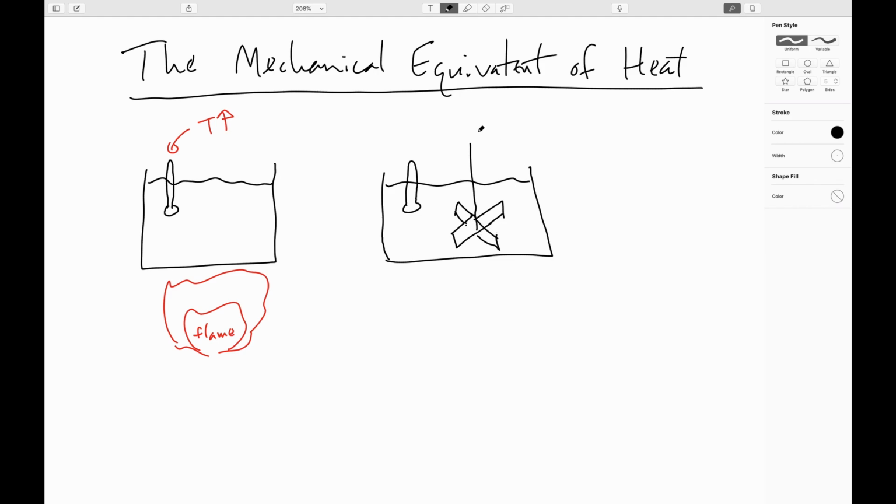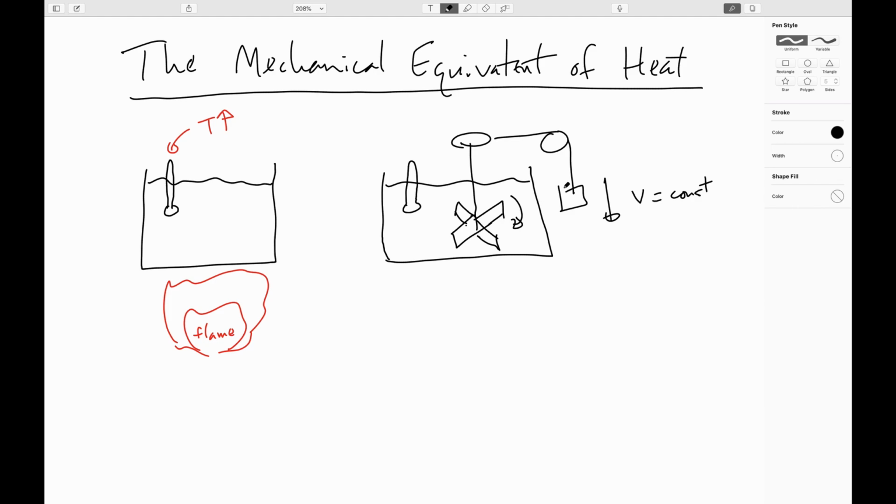And he tied this on to a system of pulleys, hung a weight over the side, and he rigged it up so that this would fall at a constant speed. So you'd end up getting, as a result, the paddle wheel contraption spinning around in the water.